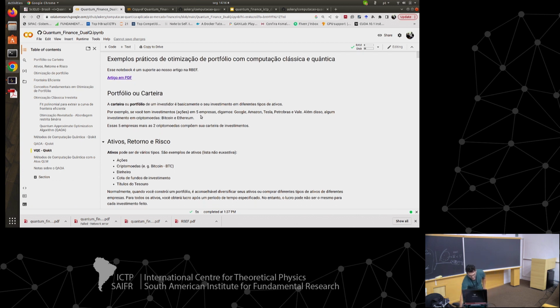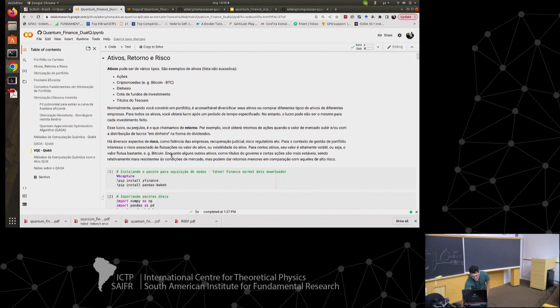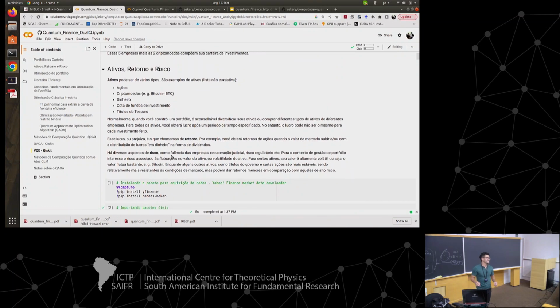Here I explain the whole idea, as I told you: what's an asset, what's a portfolio, what's a return, what's risk. As I said, it is in Portuguese, and I have no motivation to translate because I wrote a lot, but I think Portuguese is more than enough.